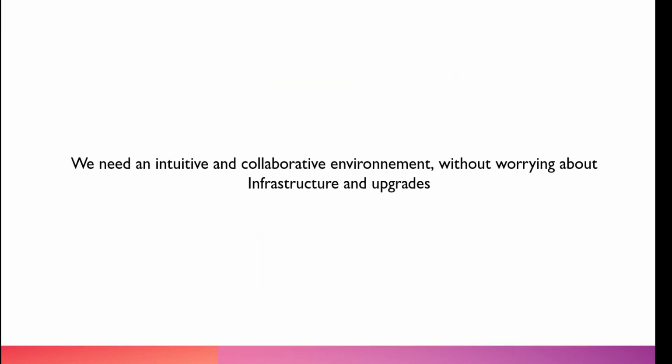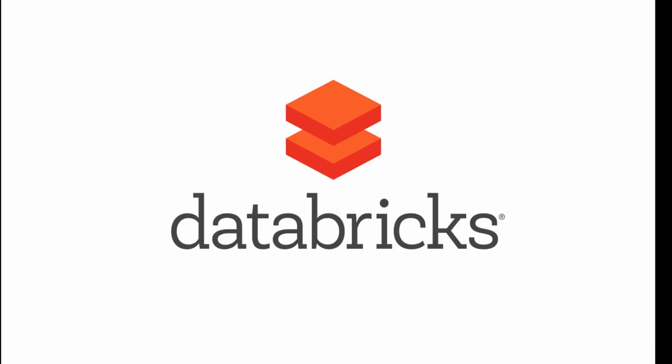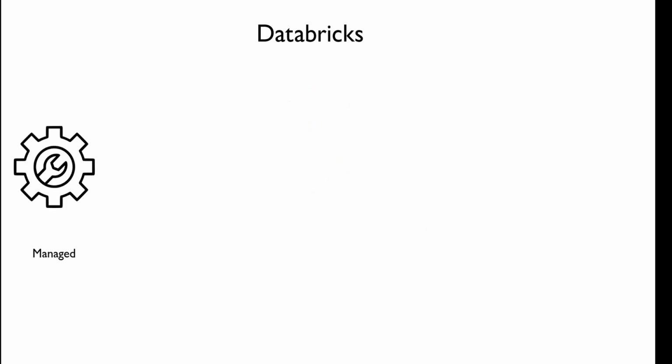We need to have an intuitive and collaborative environment without worrying about infrastructure and upgrades. And this is where Databricks comes in, a company founded by the original creators of Apache Spark. Databricks is a fully managed and optimized platform for running Apache Spark. It also provides a bunch of tools out of the box.